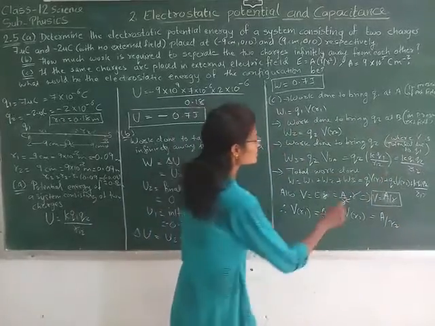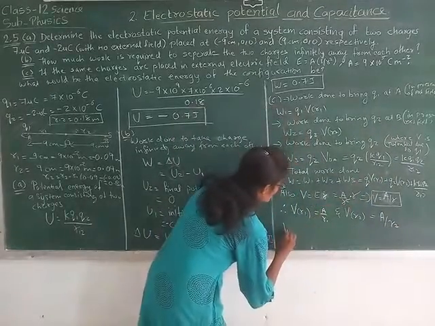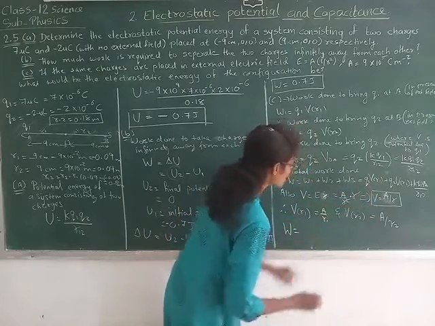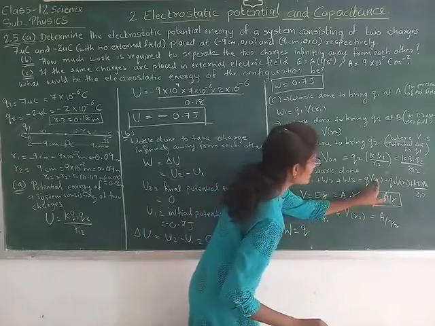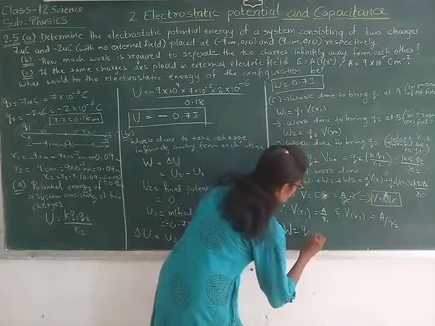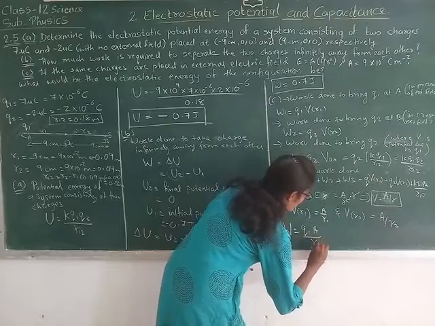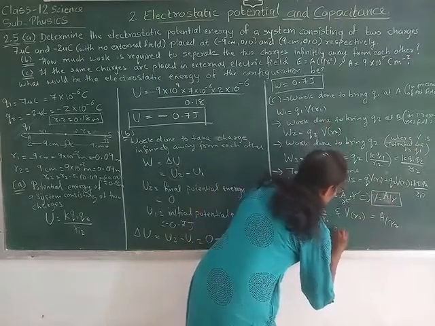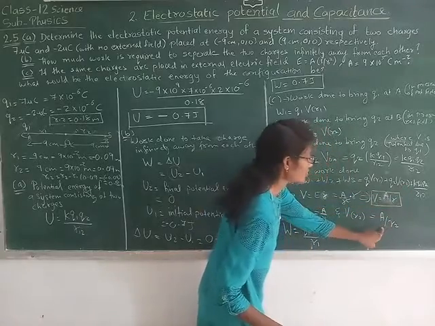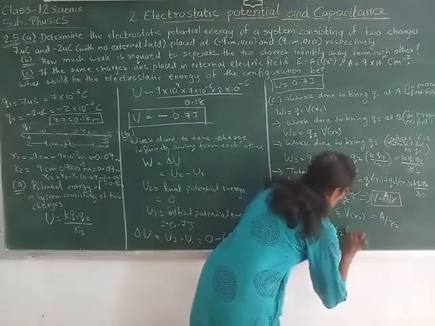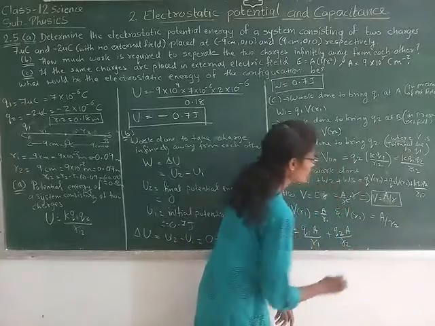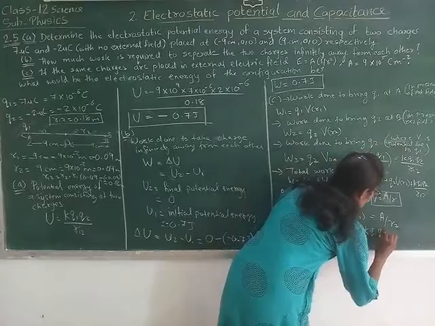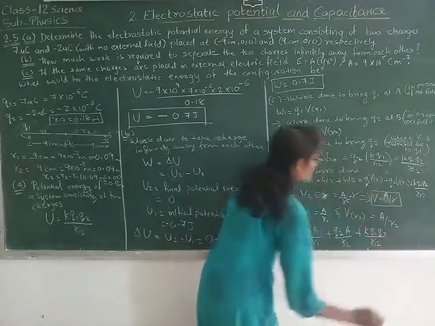So now this equation becomes W equals Q1 into A upon R1, plus Q2 into A upon R2, plus the last term K Q1 Q2 upon R12.